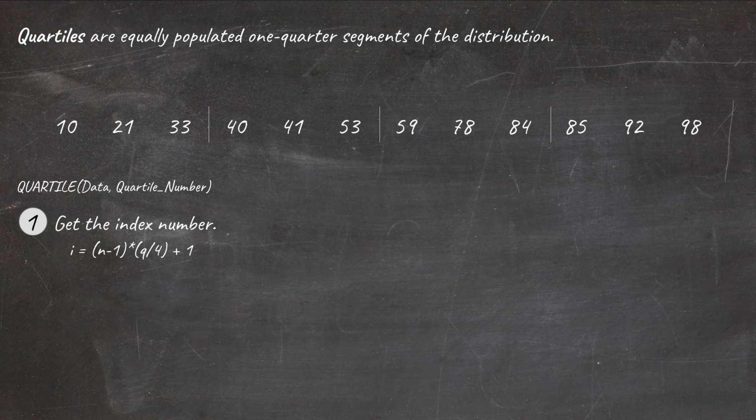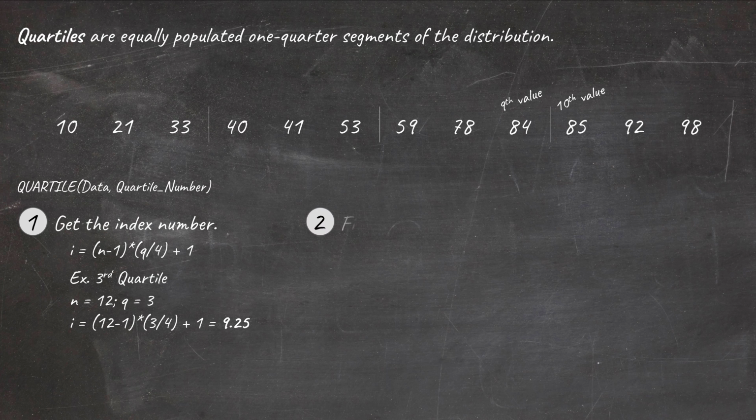Let's do another. Let's do Q3, just to really understand this and practice it. We have 12 numbers. Q now is 3, so we do (12 minus 1) times 3 over 4 plus 1, which is 9.25. That tells us we're 25% of the way between the 9th and 10th value.